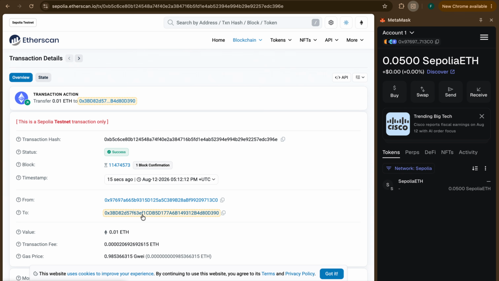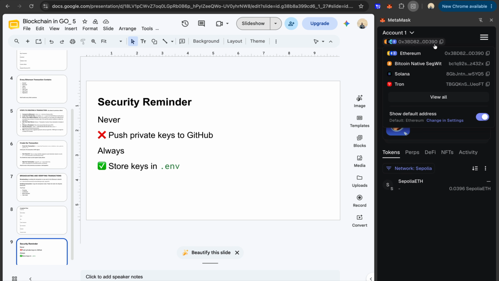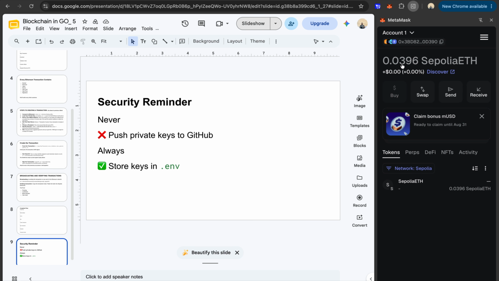You saw the way it changed, right? You can see it's from the address 713C0, and it's going to D390. So as you can see, the balance has been reflected.